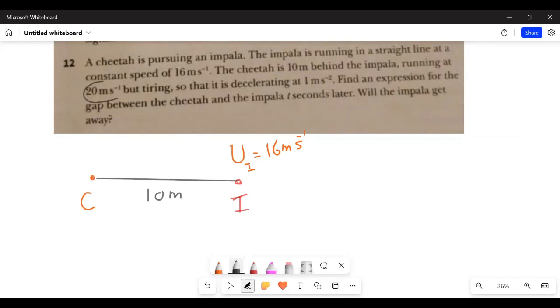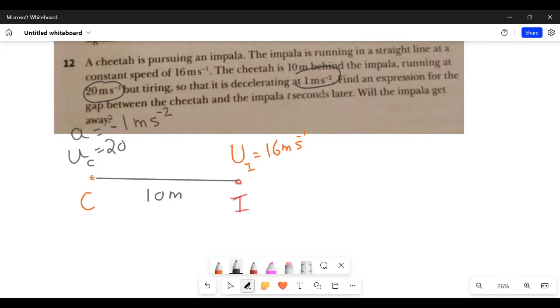So the U for the cheetah is 20, but its speed will change, so its speed is not constant. It is decelerating at 1 meters per second square. That means its acceleration is -1 meters per second square.